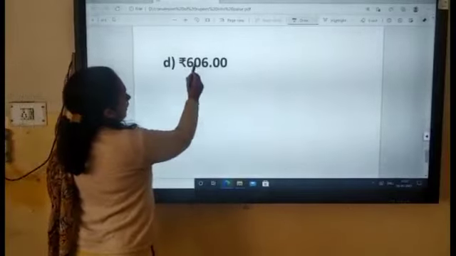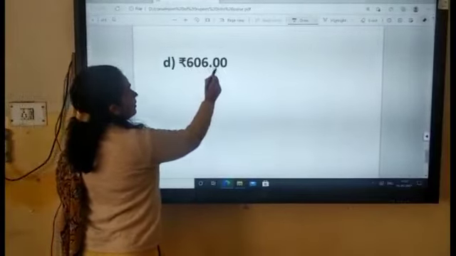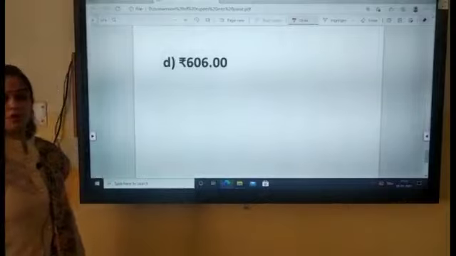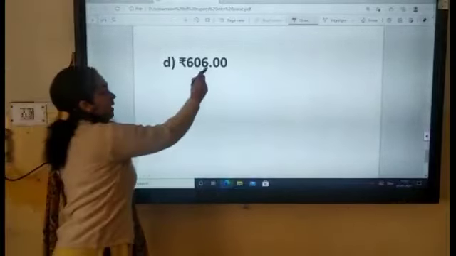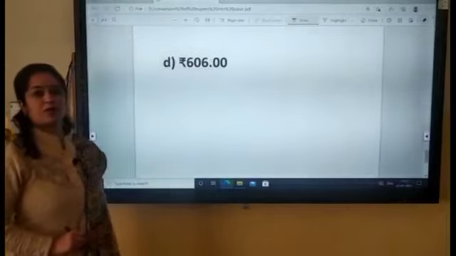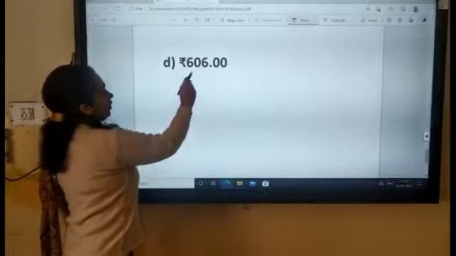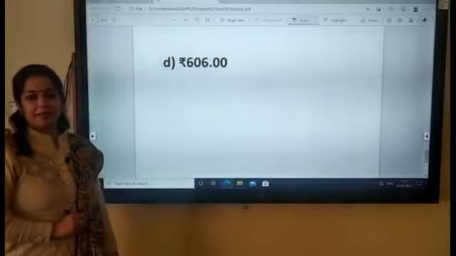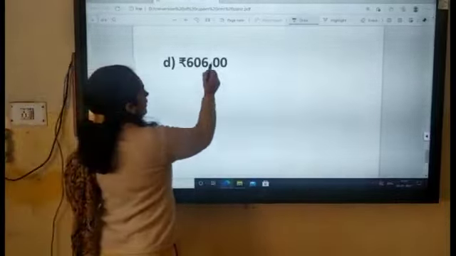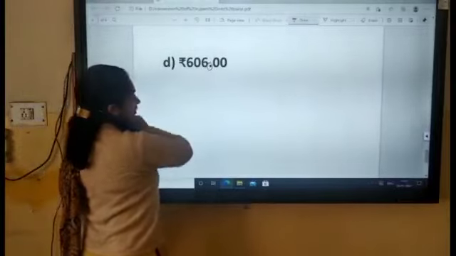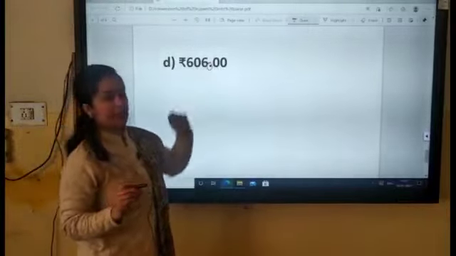Rupees 606.00, no paise, but you have to put these zeros also. Okay, so if you want to solve this question by the second method, you will just remove this dot, but you will not ignore these zeros.